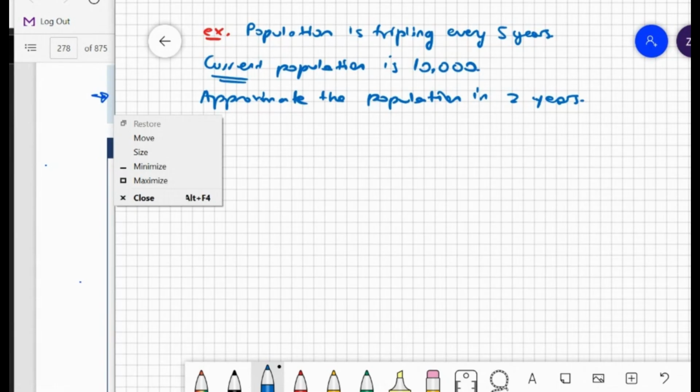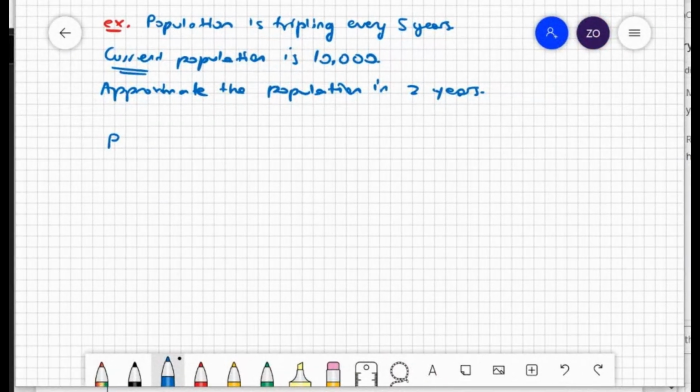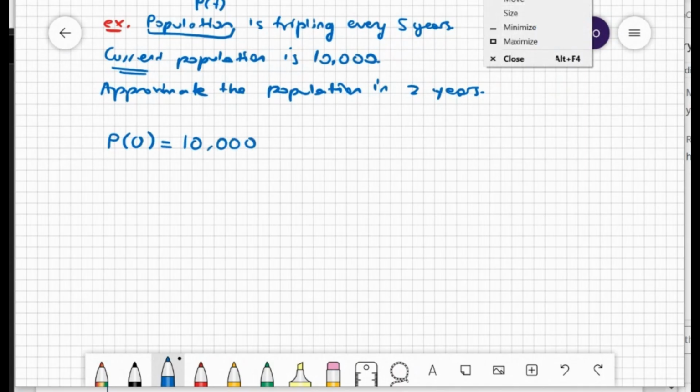Let the population be denoted by the p of t function. If the current population is 10,000, we can say that p of 0 equals 10,000.